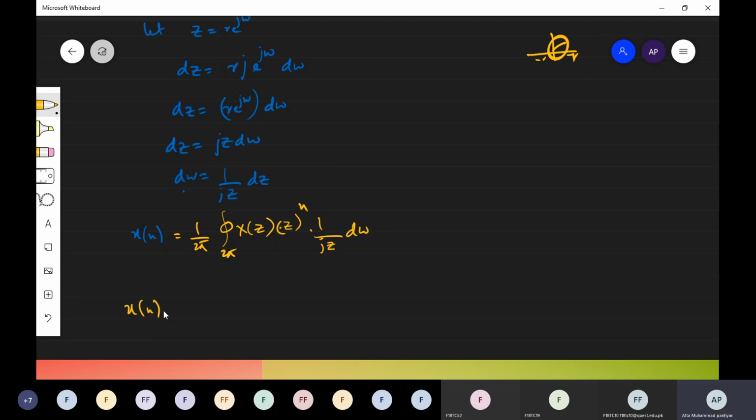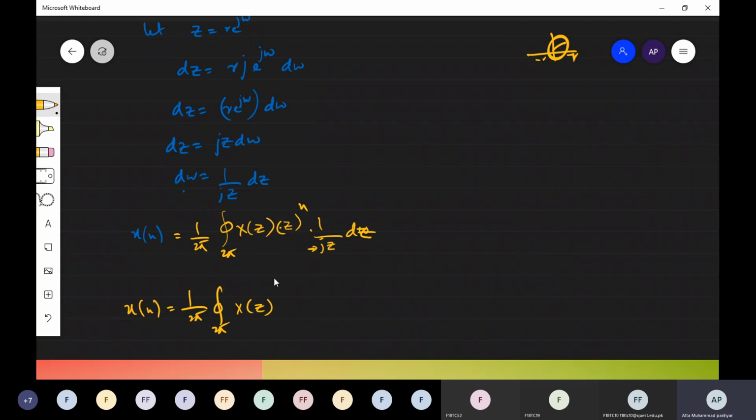So x of n is equal to 1 over 2 pi integral x of z. Now you can see this j is a coefficient multiplied with, so sorry, this is dz, right?